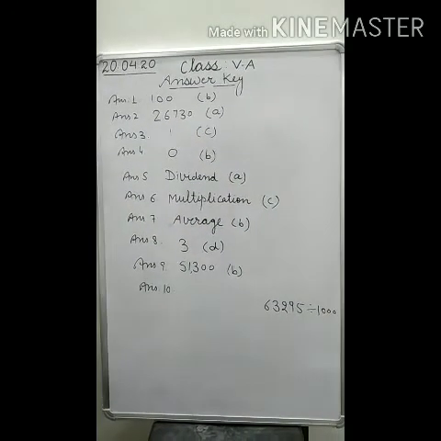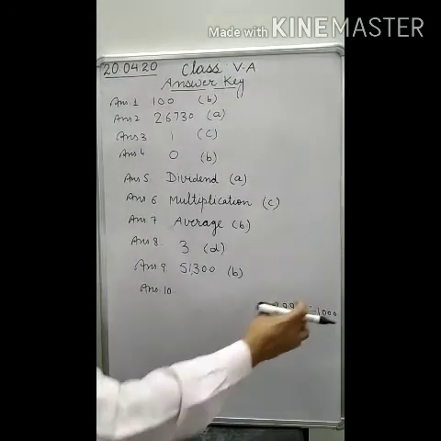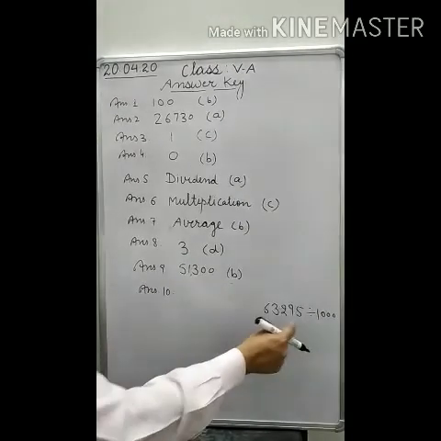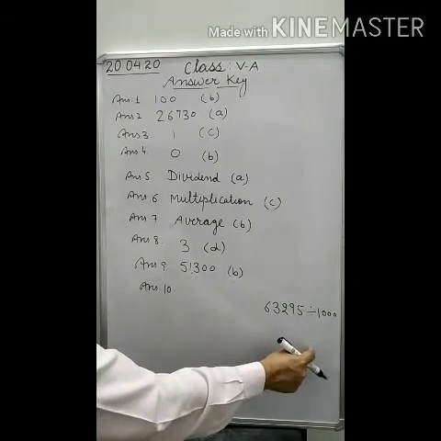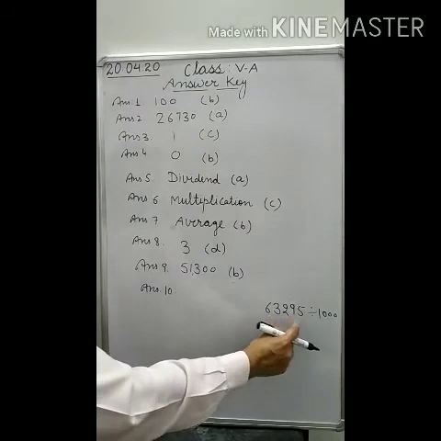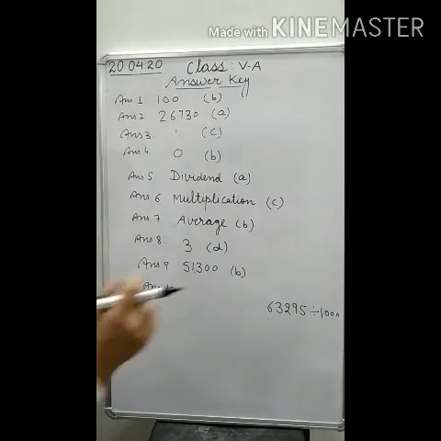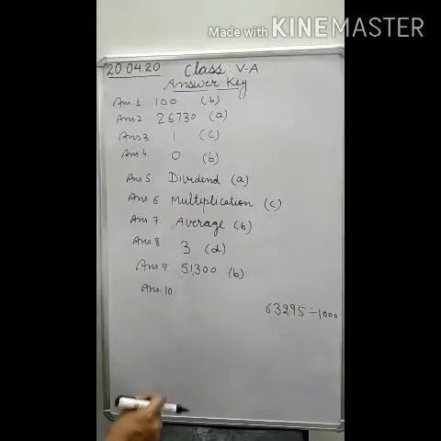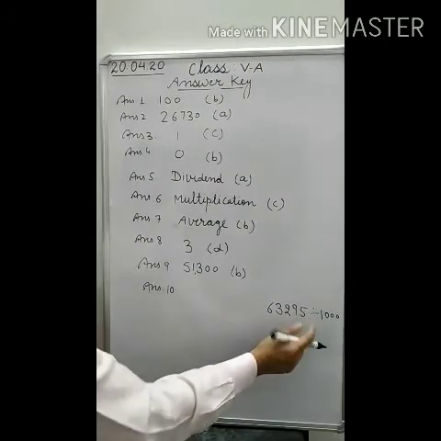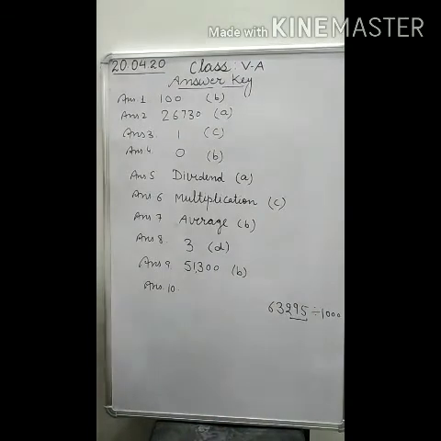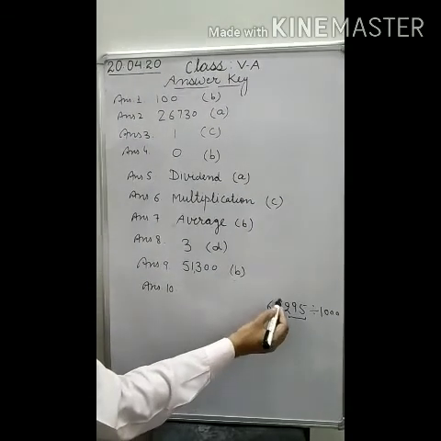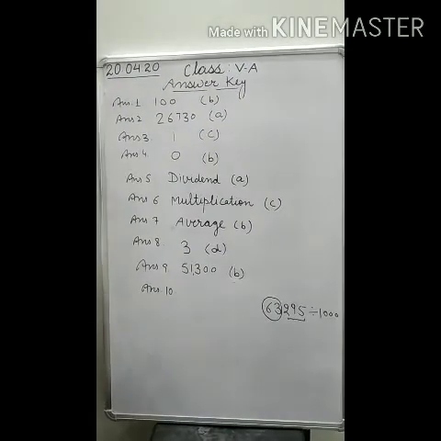If a number is divided by 10, then the last digit will be the remainder and the remaining digits will be the quotient. Here we have to divide this number by 1000. It means the last 3 digits will be the remainder and the remaining number is your quotient.